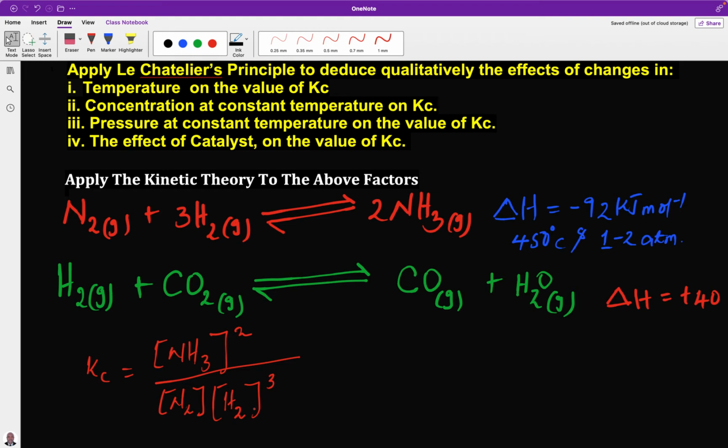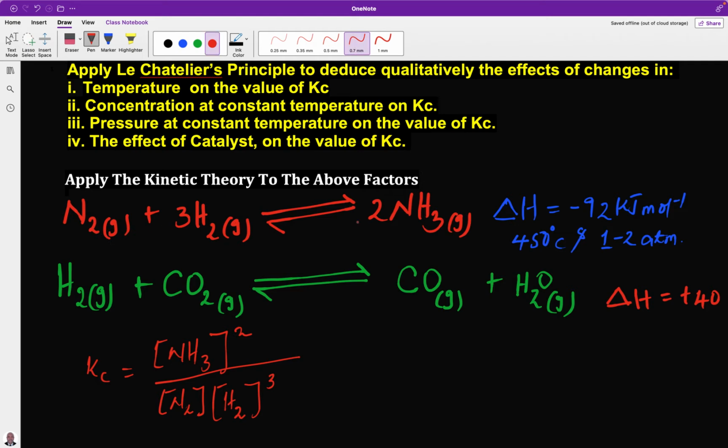Now we are told this is an exothermic reaction. We are told to apply Le Chatelier's principle to deduce qualitatively the effect of changes in temperature on the value of Kc. Now, this is an exothermic reaction.